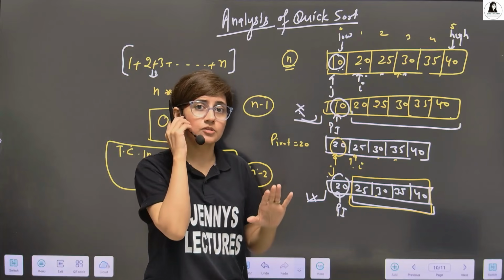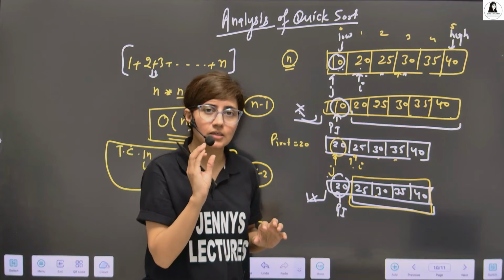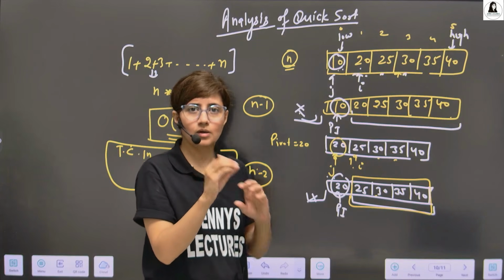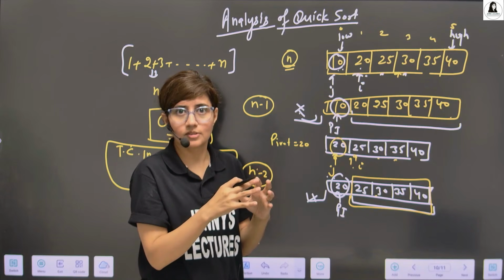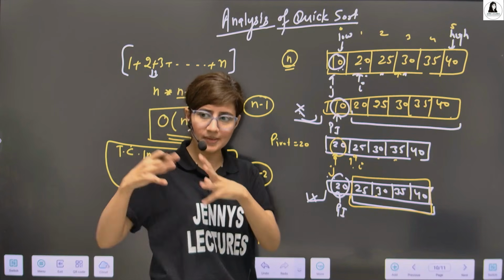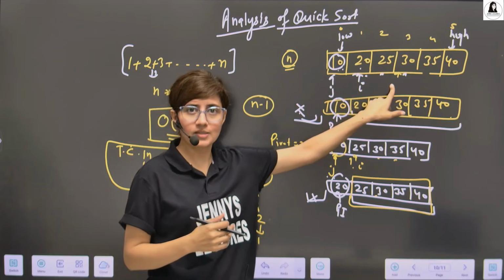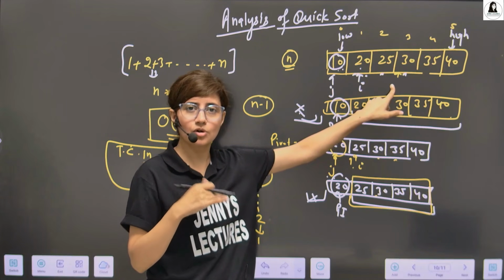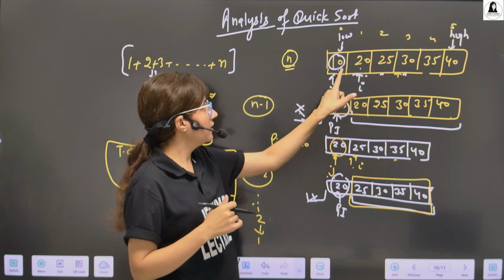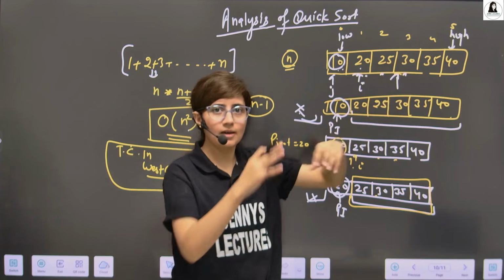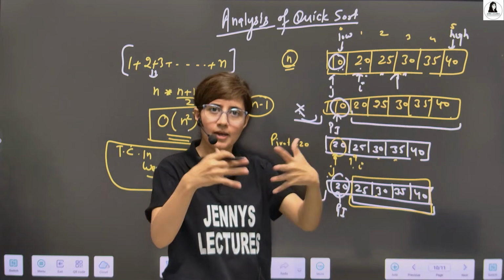It depends. Sometimes the choice of the pivot element is important. When you're dealing with an ascending or descending array or already sorted data, rather than picking the pivot from either end, take a middle element or a random element as the pivot and apply the process.